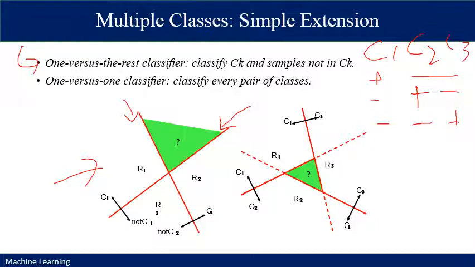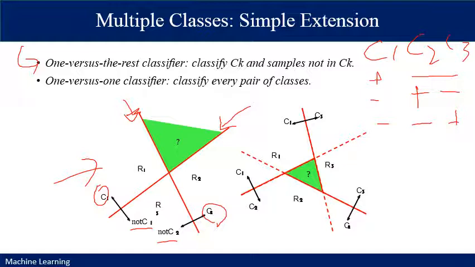Once you have the linear boundary, all of the items classified here belong to class C1, and on the other side of the boundary they are not C1. That means they can be anything but C1. Similarly, the second classifier uses this linear function, and the examples correctly classified are marked C2 and the rest are not C2.